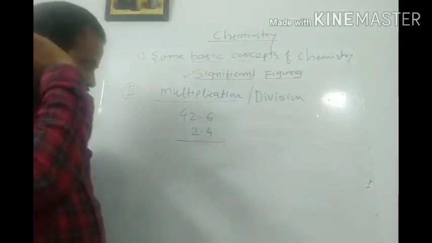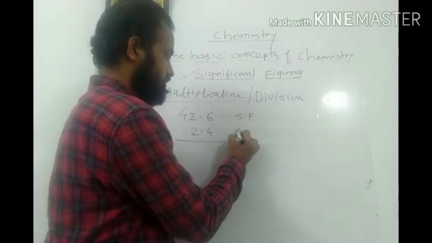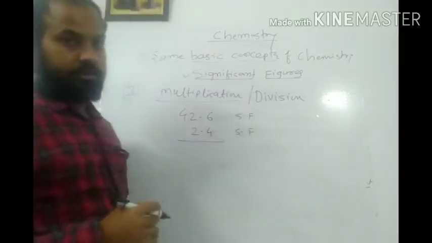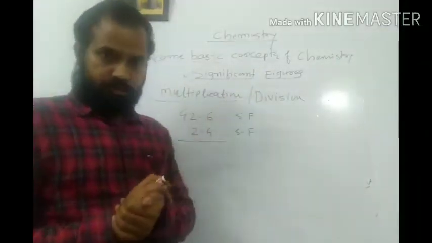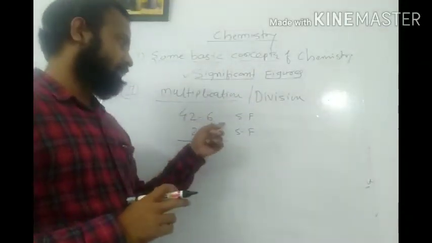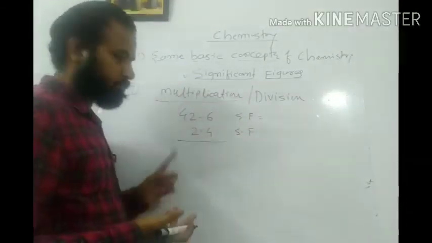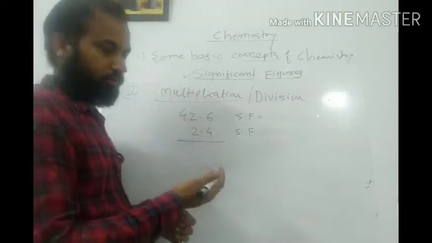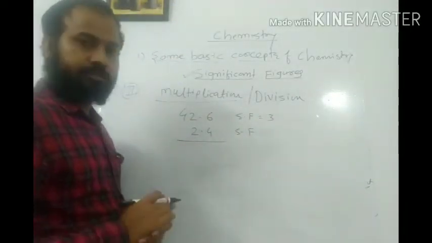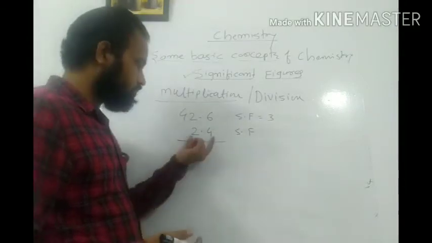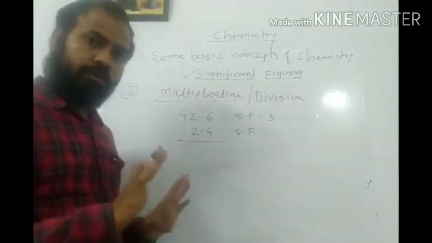Okay, so in this example I just have to write down the significant figures of each number while multiplying or dividing. In the case of 42.6, all digits are non-zero digits, you just have to count and write it down. So it is 3. And in the case of 2.4, the significant figure count is only 2, because both digits are non-zero digits.